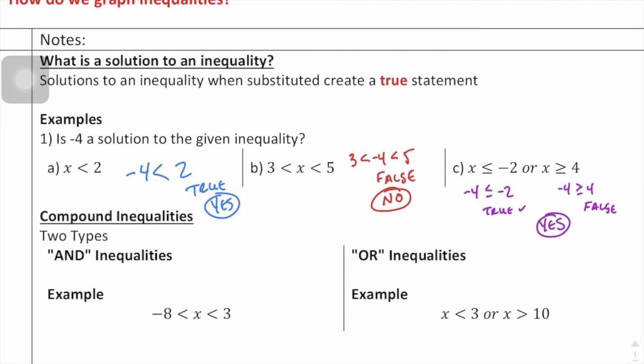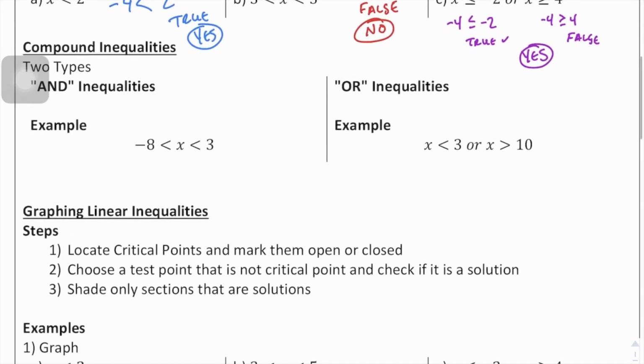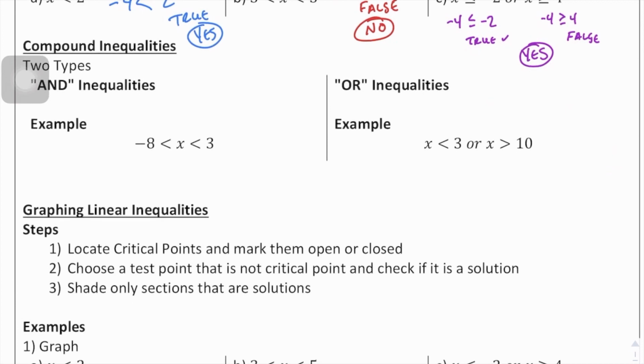All right, so that reminds us that there are two types of compound inequalities: and statements and or statements. Sometimes you might hear them called a between statement and a beyond statement. Generally, you're not going to see the word and. You're going to see a string compound inequality. That should be a between statement, and you'll notice the inequalities are both the same.